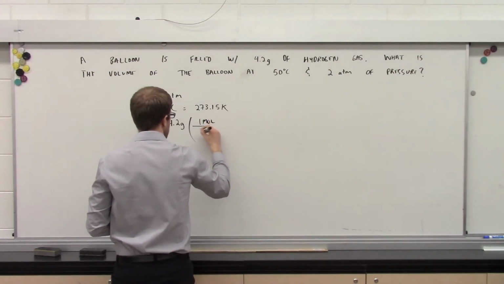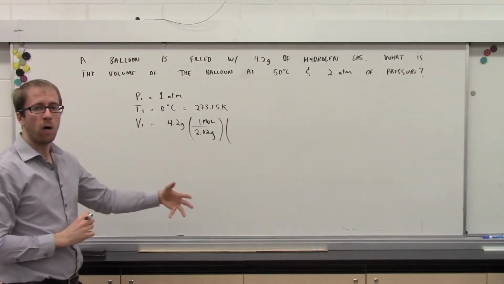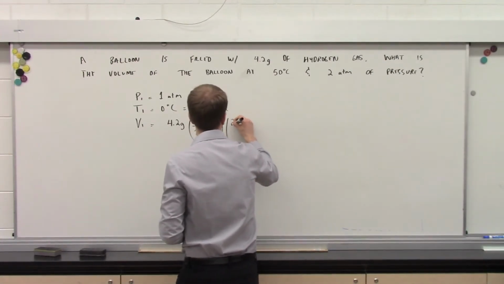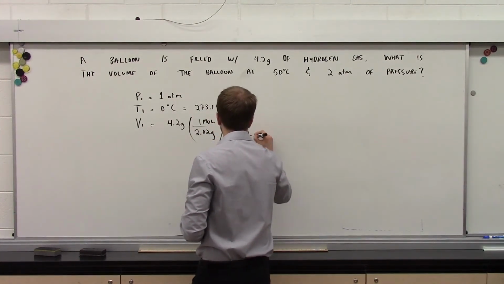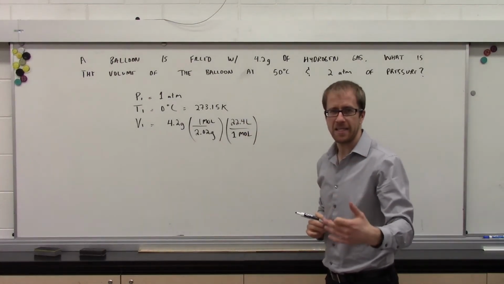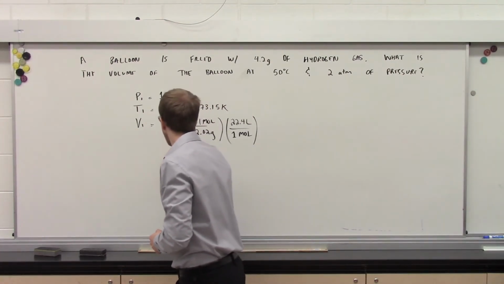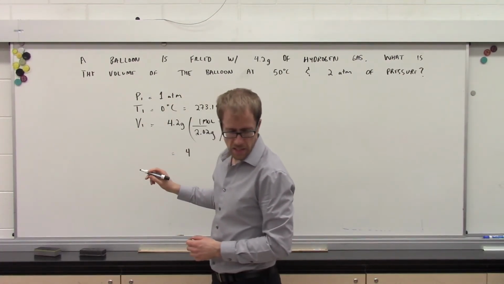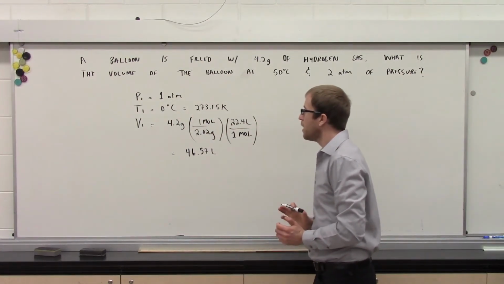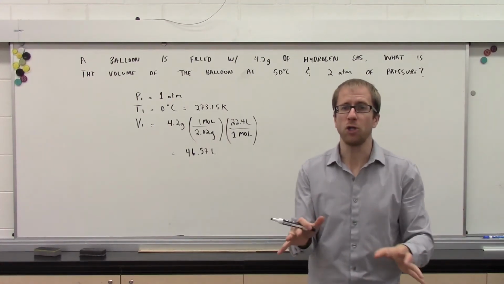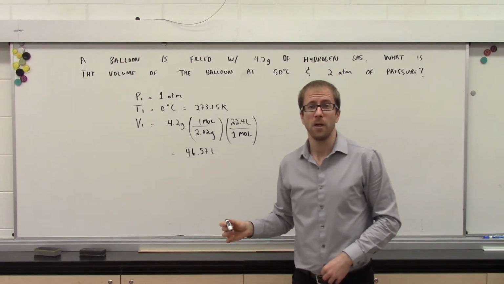For every mole, there is 2.02 grams. And then we are going to multiply this by 22.4 liters per mole at STP. And remember, at STP, this will give us a volume of 46.57 liters.